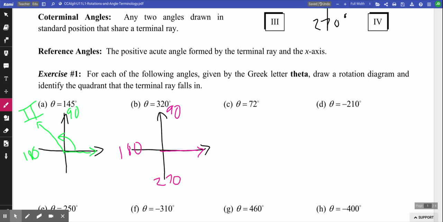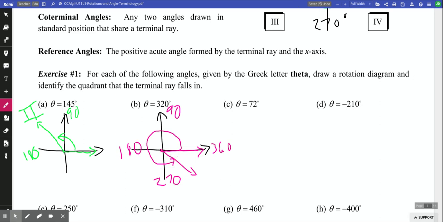So 320 is going to be somewhere in between 270, and if we had gone another, this would be 360. So it's got to be somewhere in between those. And again, we want the positive, so we got to show going all the way around for that.